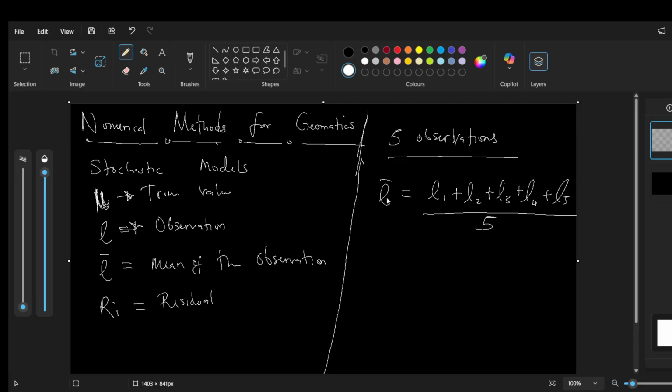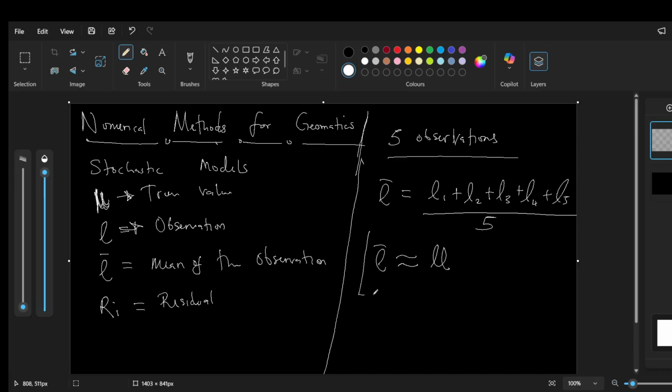If we refer to that board example I gave initially, if just five observations were made and the true value is 10 meters, and one measures 10.1, 10.2, and so on up to 10.5, or maybe 9.9, 9.8, 10.1, 10.2, the average of those is assumed to be roughly equal to the true value.